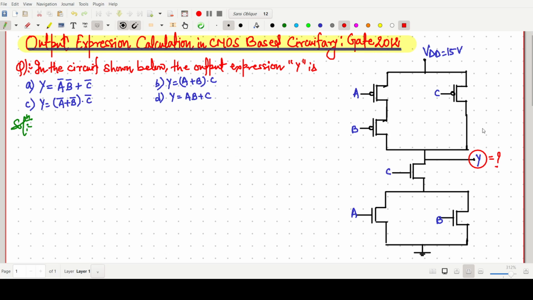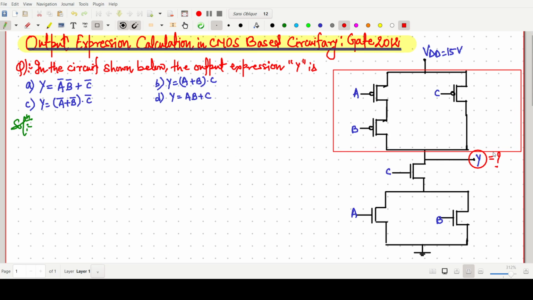The above part, the PMOS network, is our pull up network. I am writing the above portion. This is a very easy concept.